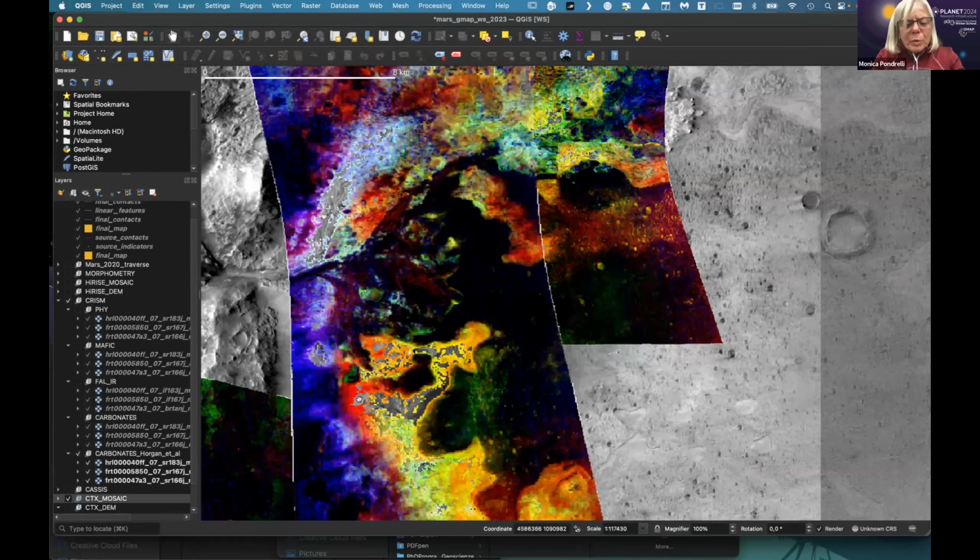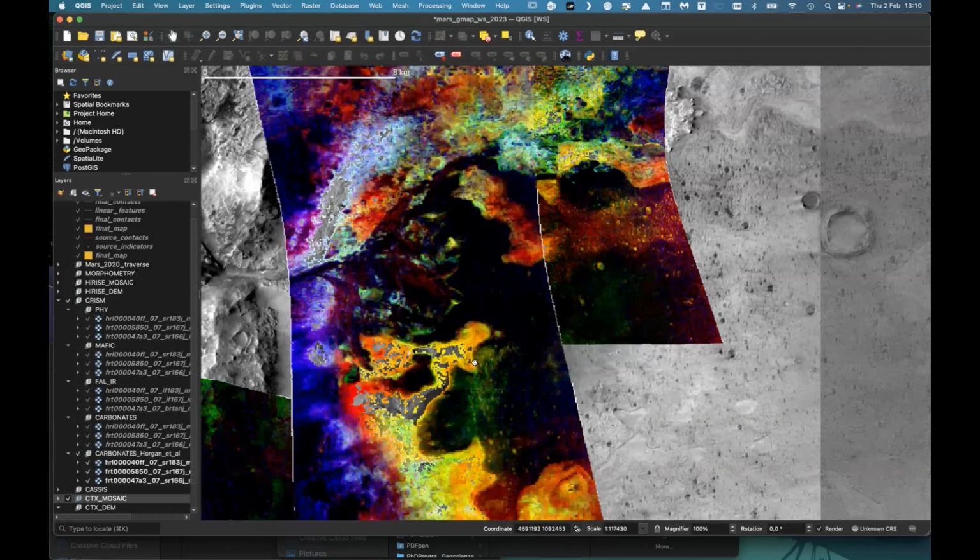It's super clear, and this part is also super important. This is also an example of why those products are useful, but they are not 100% reliable on the mineralogy. This carbonate brush product from Horgan et al. shows the brush product, but they also show the spectra extracted from these areas, and they actually see both carbonate and olivine signatures in the spectra, for example in the yellow area.